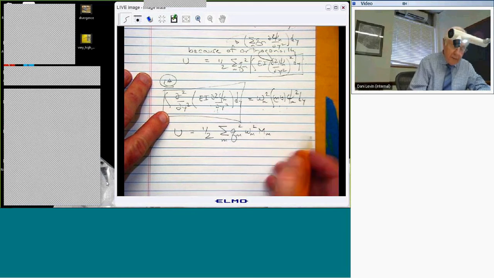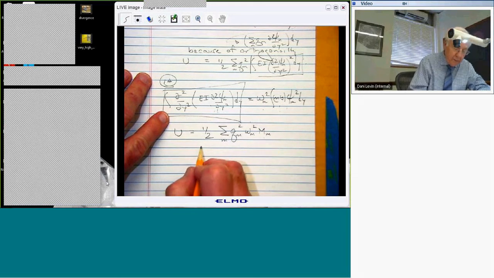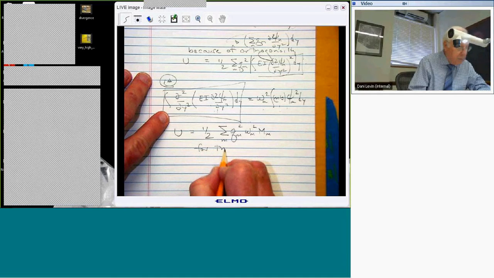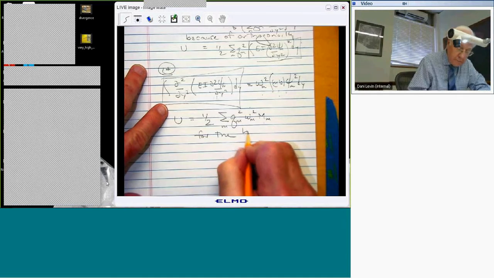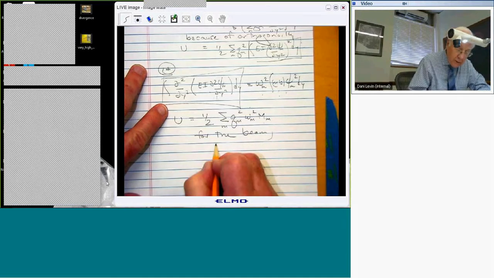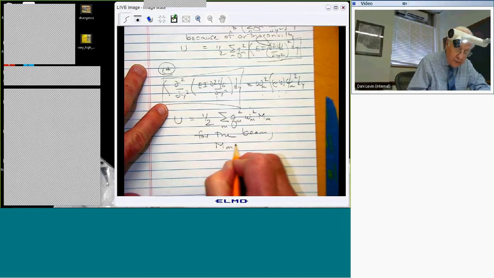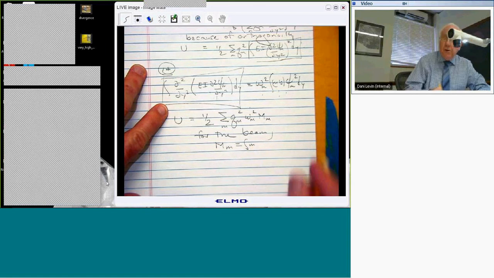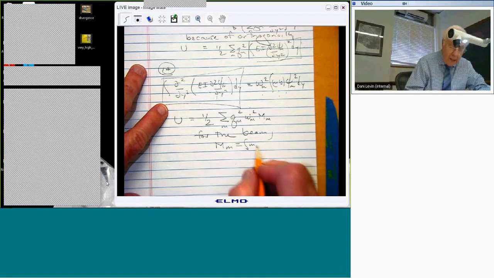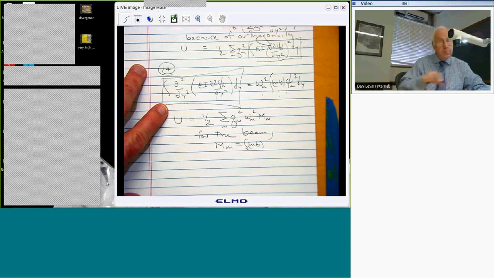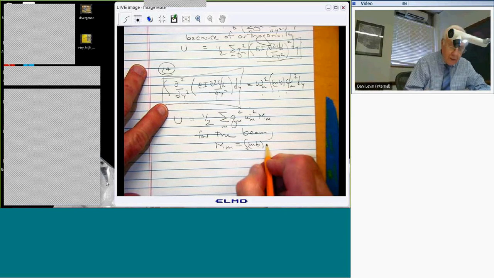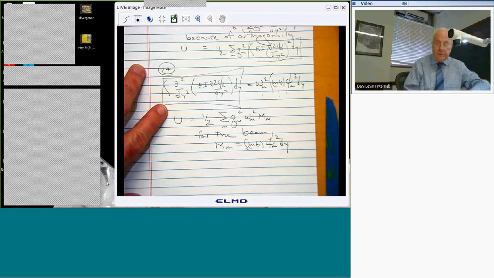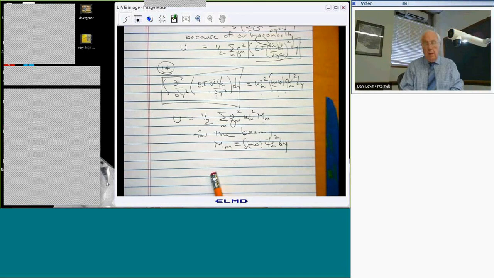For the beam in particular, this generalized mass is just this integral of m, the mass per unit area, times the width of the beam, which makes it the mass per unit length, times the mode shape squared, dy.